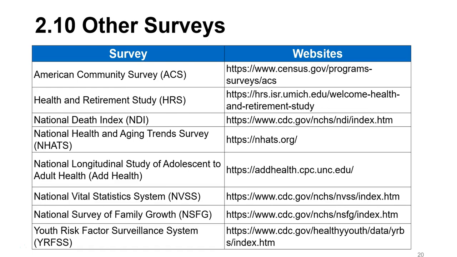The surveys I've included are the American Community Survey, Health and Retirement Study, National Death Index, National Health and Aging Trends Study, National Longitudinal Study of Adolescent to Adult Health, National Vital Statistics System, National Survey of Family Growth, and the Youth Risk Behavior Surveillance System. These surveys have specific content that may be of interest to you in the future when creating your own research questions. The surveys include cross-sectional as well as longitudinal data collection methods.